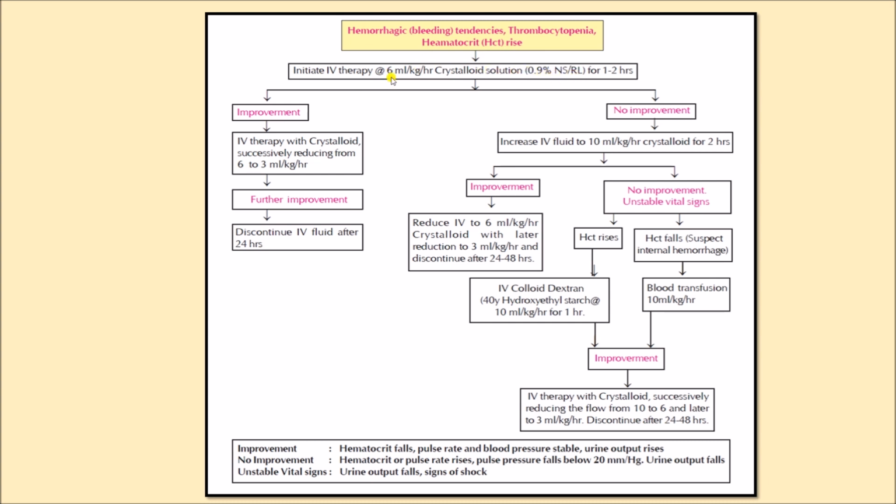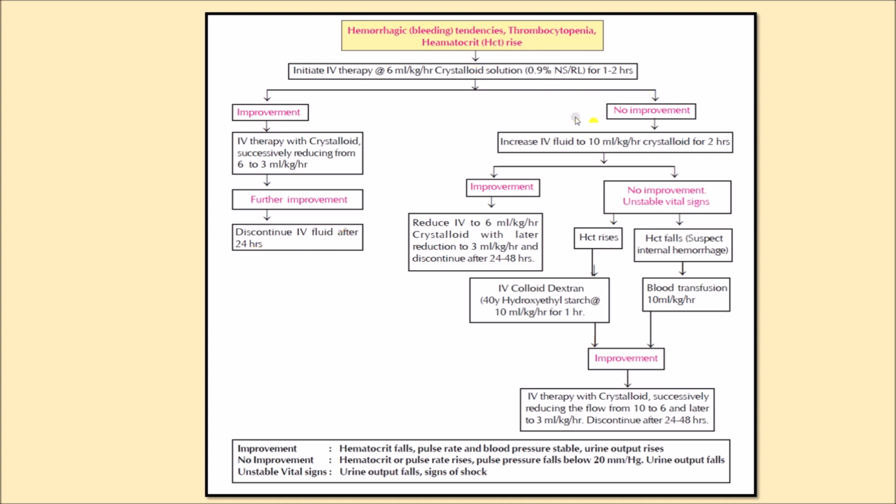The initial dose is 6 ml per kg body weight per hour, given for 1 to 2 hours. If there is improvement, we decrease this rate from 6 ml per kg per hour to 3 ml per kg per hour. On further improvement, after 24 hours, we discontinue the IV fluid.